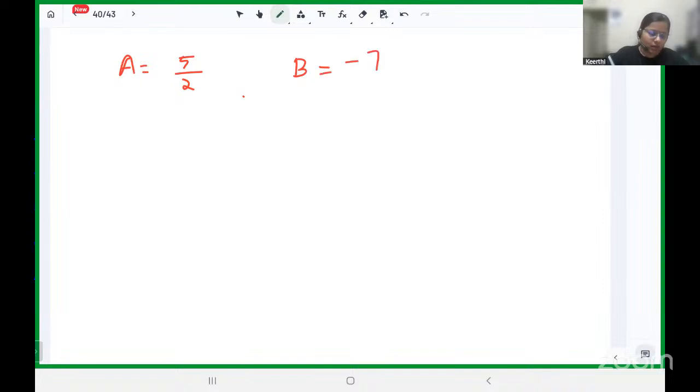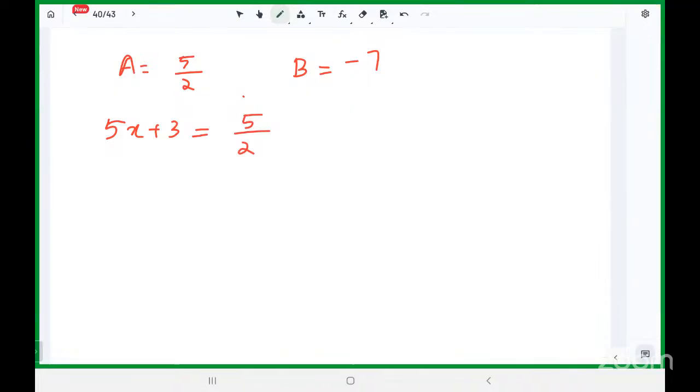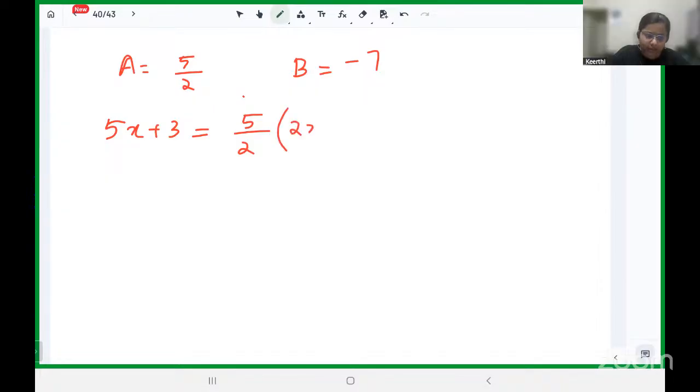Okay. Now what I am going to do is write this 5x + 3 as a into (2x + 4) plus b, so it is 5 by 2 into (2x + 4) minus 7.